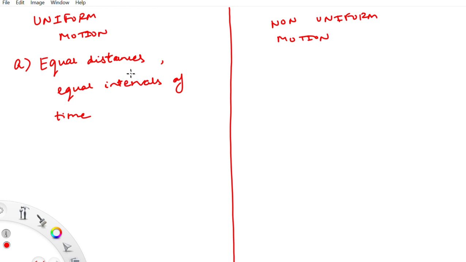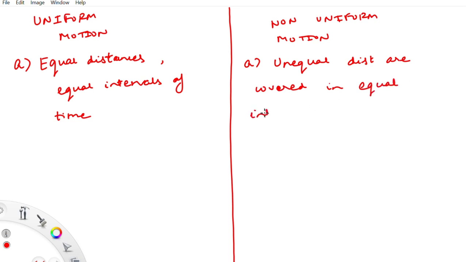So in the case of non-uniform motion, unequal distances are covered in equal intervals of time. See, time will proceed uniformly.